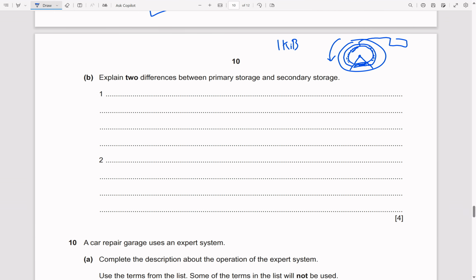Right, two differences between primary storage and secondary storage. One, primary storage can be directly accessed by the CPU, so PS is directly accessed by CPU. This means if you want to read data from primary storage, the CPU can do it directly.